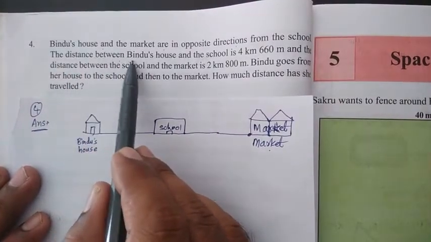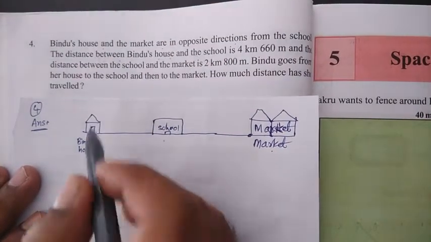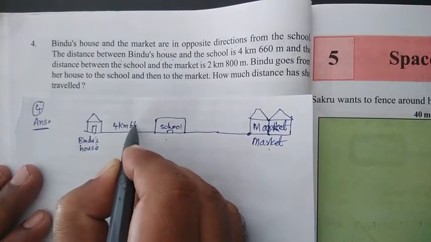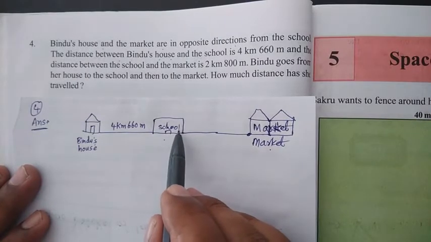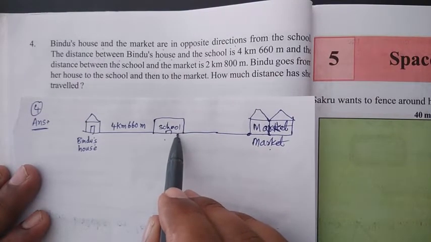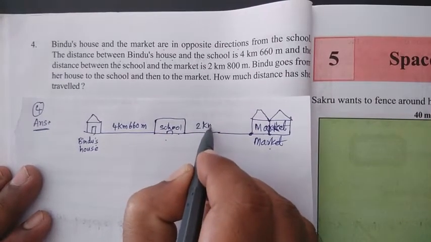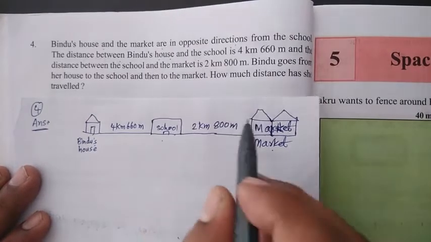The distance between Bindu's house and the school, what is the distance? 4 kilometers 660 meters. And the distance between school and the market is 2 kilometers 800 meters.